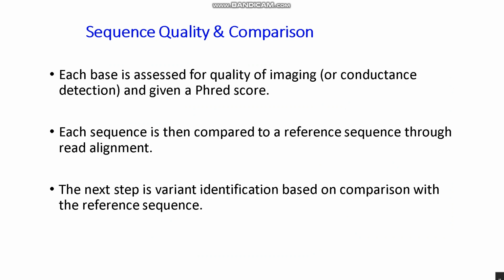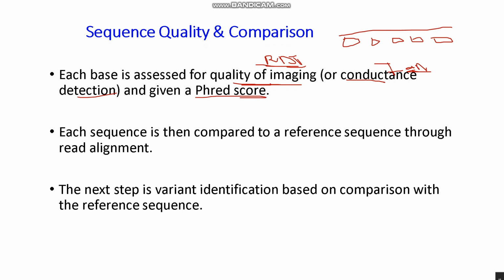Okay, actually the sequencing is done. Now we have to check the quality of the imaging or the conductance, like in the ion conductance, by giving the Phred score. Like, if the Phred score is 1, it means there is 1 error in 10 nucleotides.